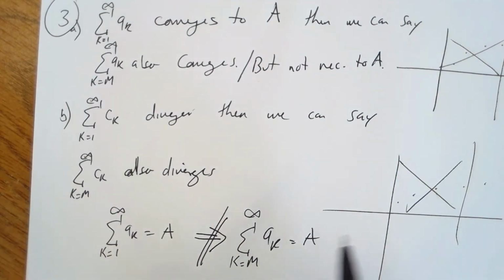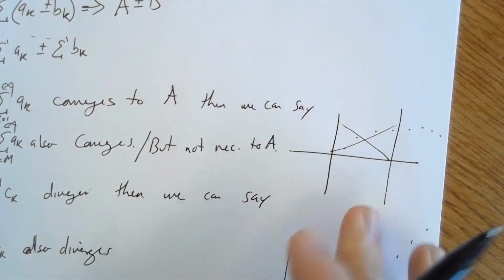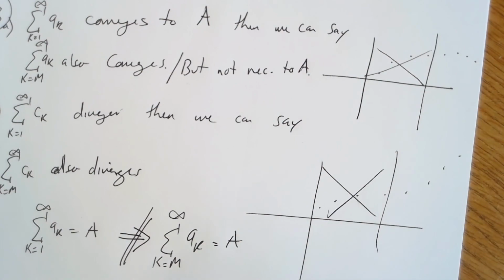Me knowing that this thing converges implies that this thing converges, but it does not imply that they are the same value, because you've removed a certain number of terms, and the value of adding up all those terms will not necessarily be the same.